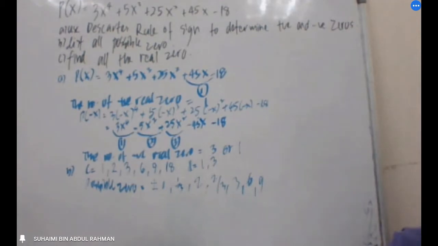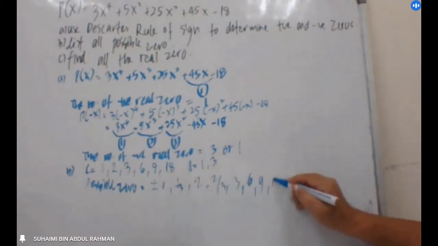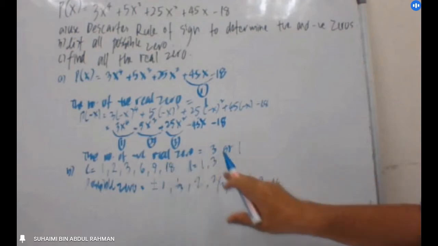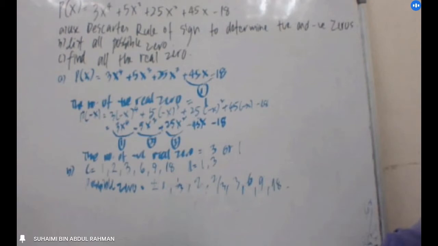Then 18 over 1, 18. 18 over 3, 9. That's the list of possible rational zeros.